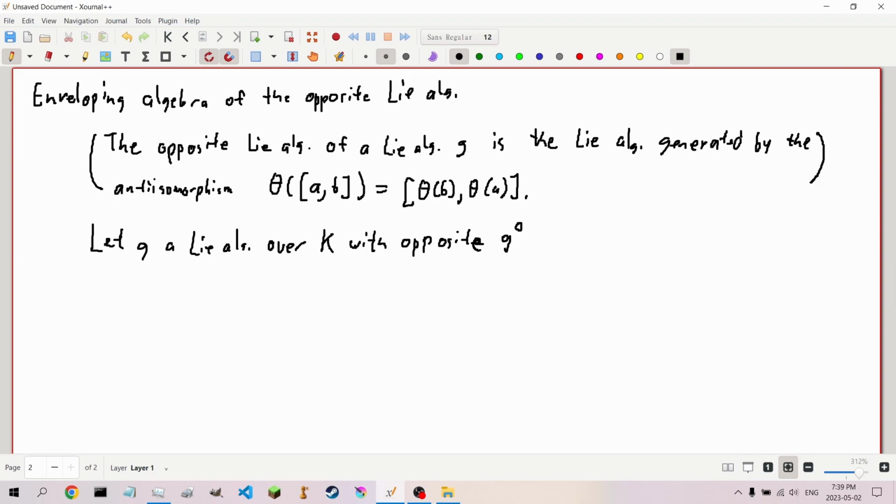Sounding kind of British there. And canonical mappings of sigma and sigma 0 into their enveloping algebras U and phi.